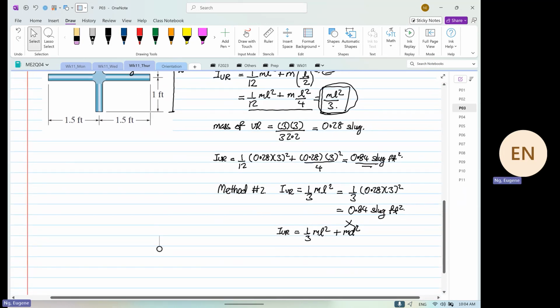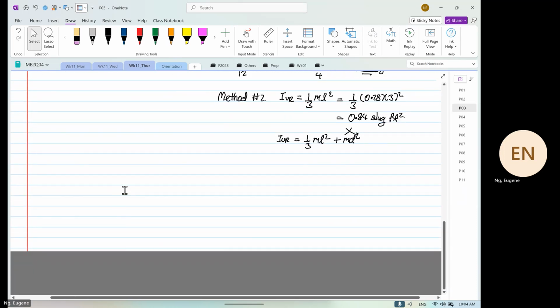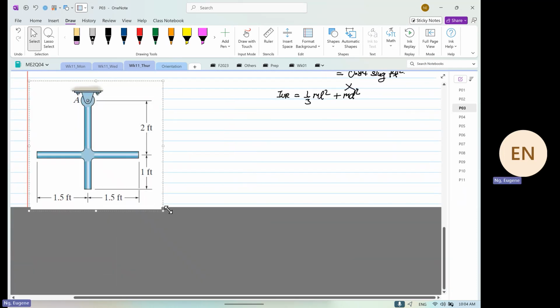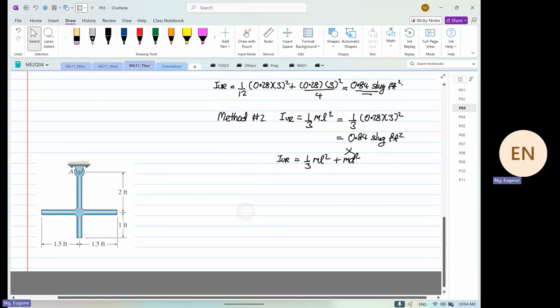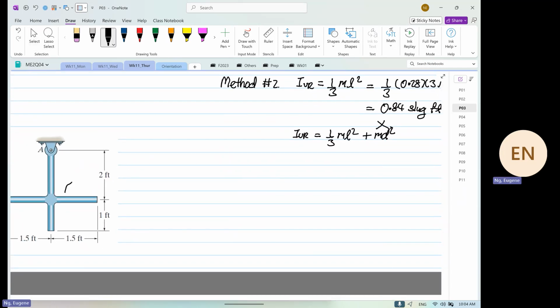Right. So the next thing that we are going to look at is we are going to focus on the horizontal rod.